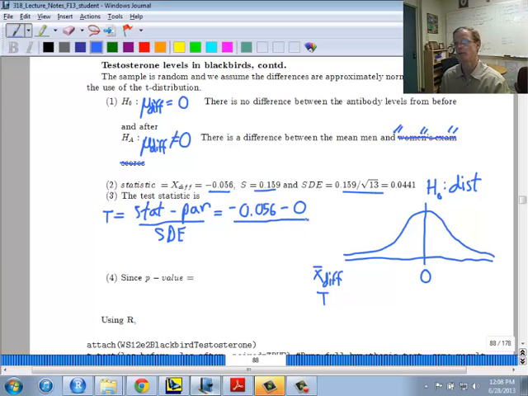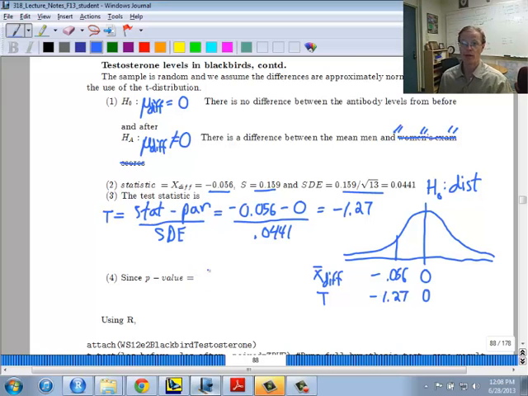So pop in the 0, standard error over here, 0.0441, and that number is minus 1.27. Okay, that's our t-stat. So the difference is minus 0.056. At the t level, you could think of it as 1.27 standard errors below the mean.